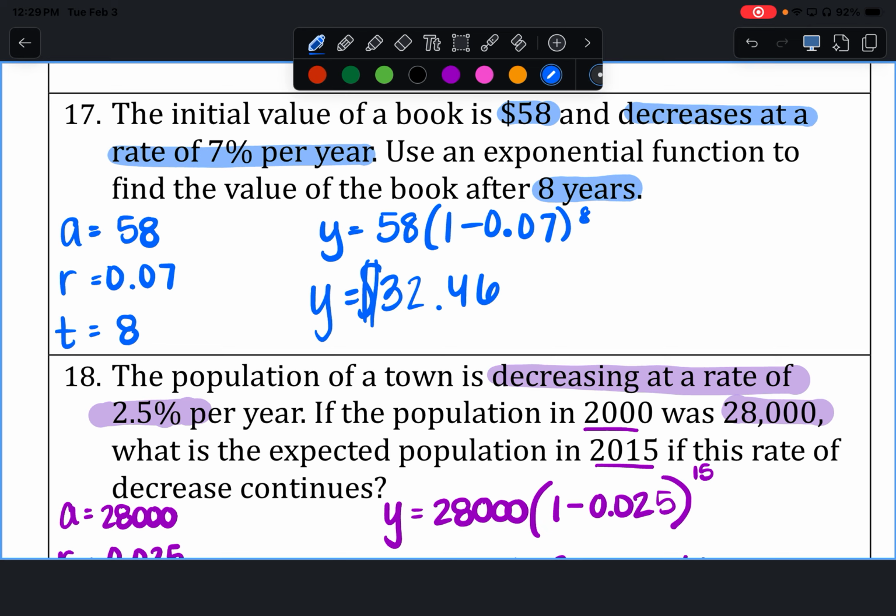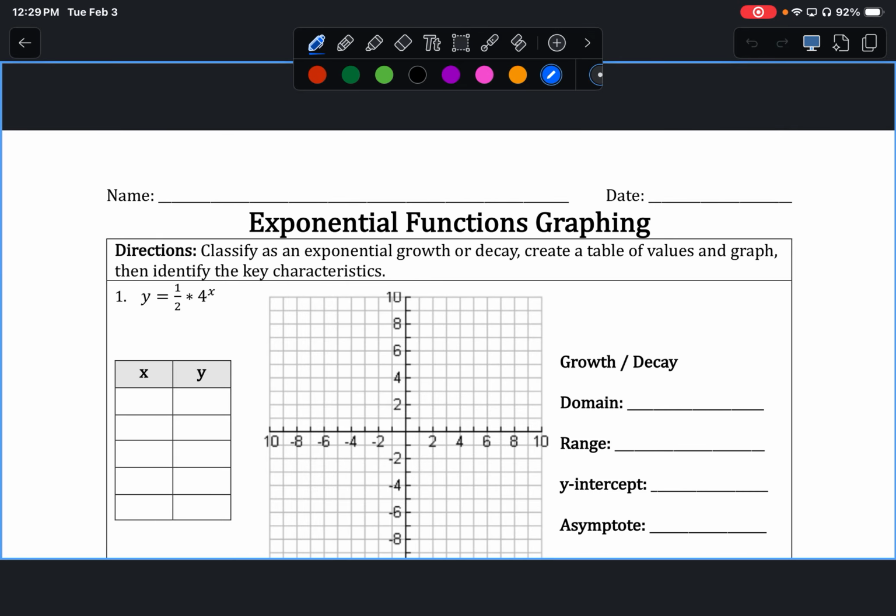Okay, everybody. Okay, thank you. We're going to start with looking real fast at our graphing functions one. A quick recap of this. We look at our B term, which is the part that's being raised to the power of X, to figure out if it's growth or decay.